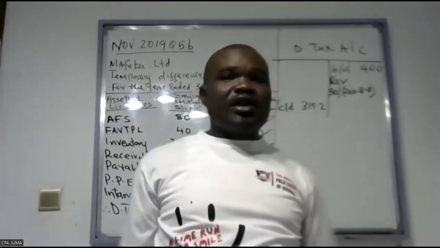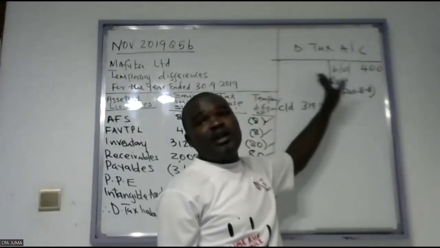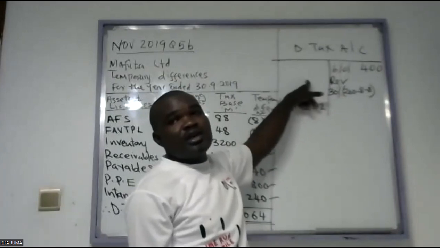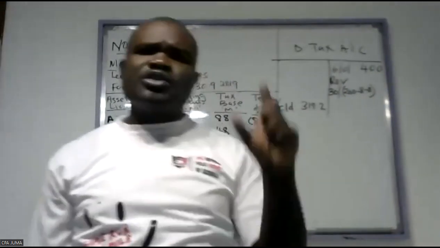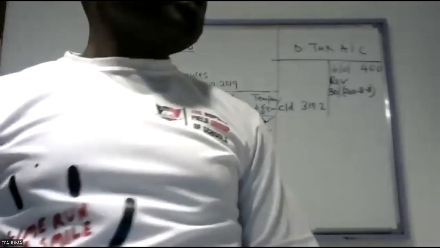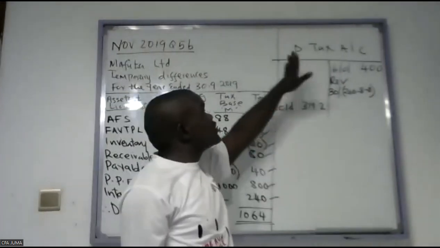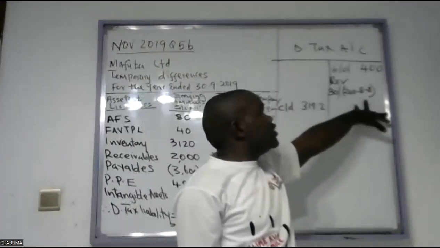We credit the gain, 30% of 200, then this side is 30% of 88. That is still okay. But if we have a revaluation gain and loss, you can just net out the 2 instead of having them separated. Ideally, the losses should be debited in this account, while the gains are what we credit.